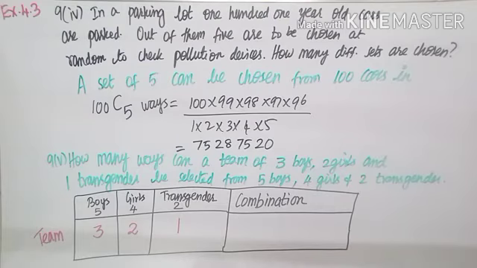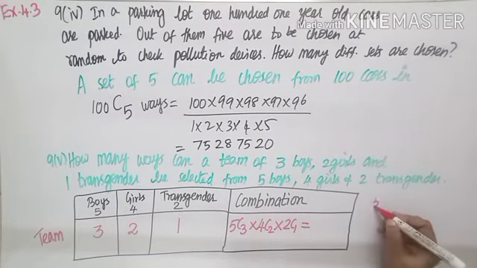How to write the combination? From 5 I need 3: 5C3. And multiply, from 4 I need 2: 4C2. And 1 transgender from 2: 2C1. Multiply it all and write the answer.